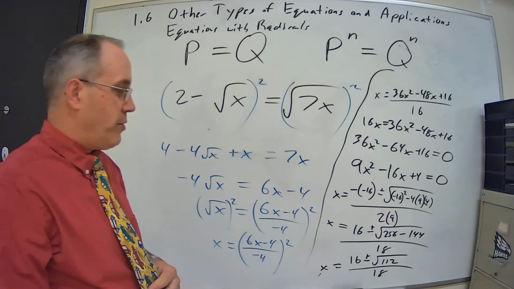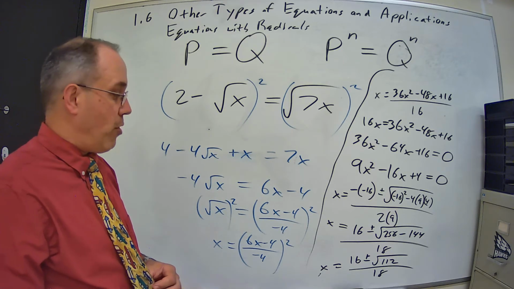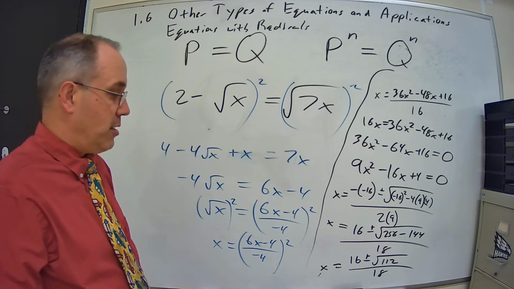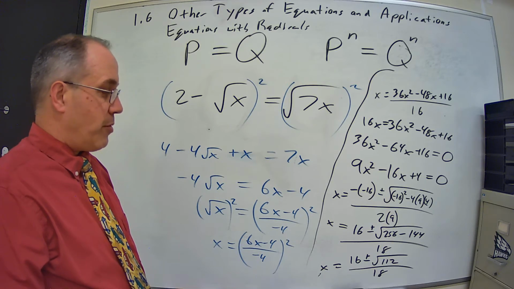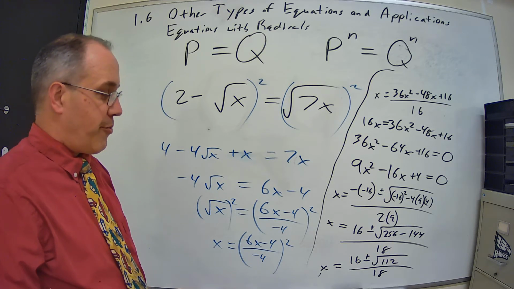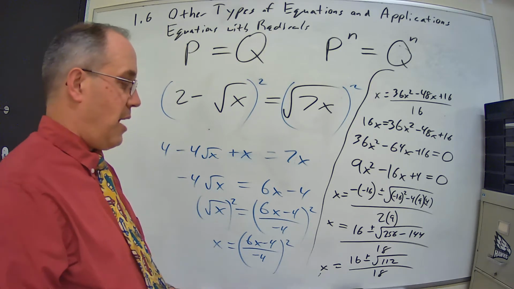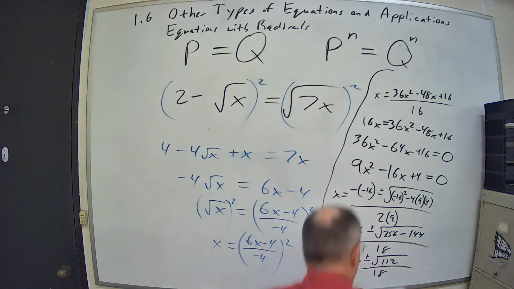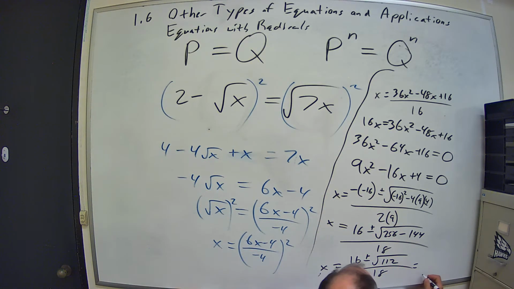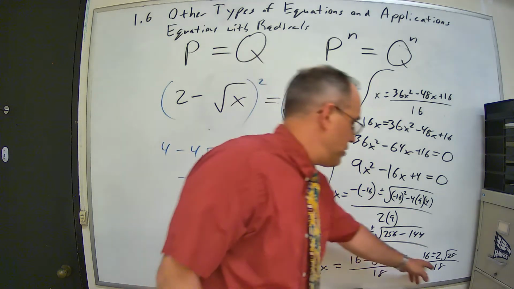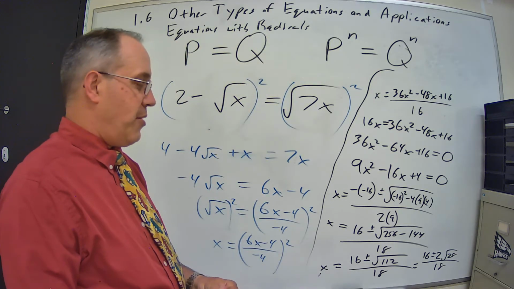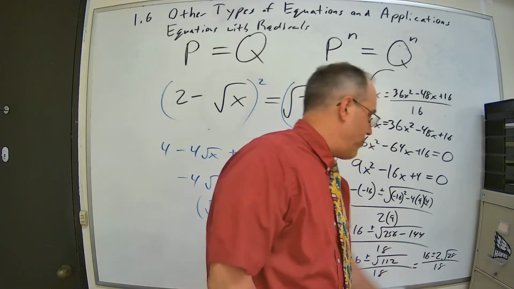Let's see, is 112 divisible by 4, right? 28 times 4. So we can simplify it a little bit and say that's equal to 16 plus or minus 2 radical 28 over 18, which allows me to simplify it some more and say, okay, now I can divide everything by 2.